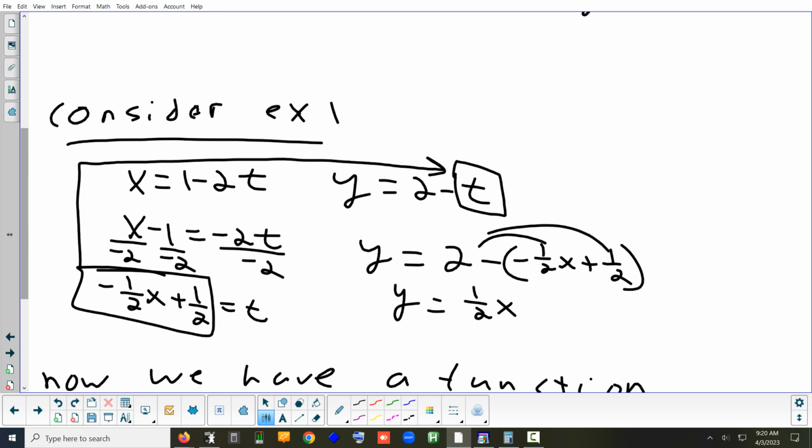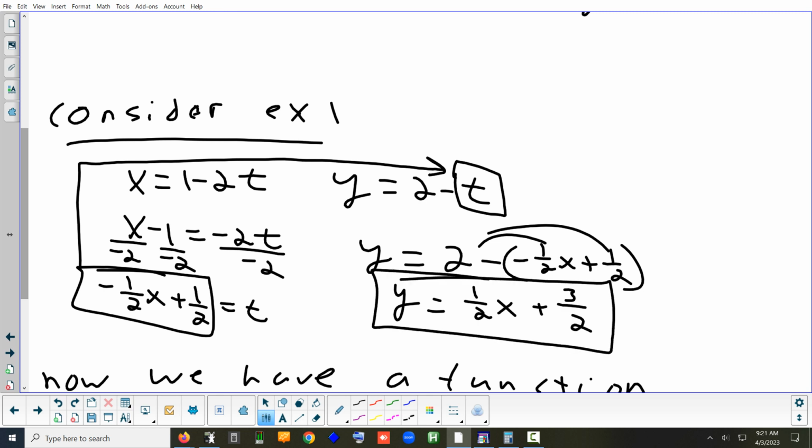Okay, so that's how we got the 1/2 x. But now the y-intercept would be 2 minus 1/2. Yeah, so 1.5, or you could say 3/2. That is how we eliminate the parameter from the problem we just did.